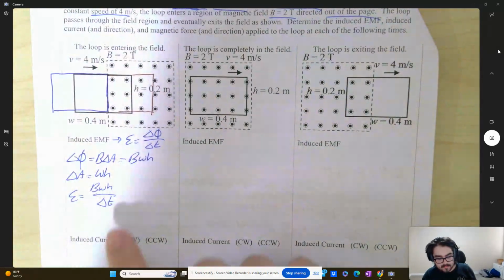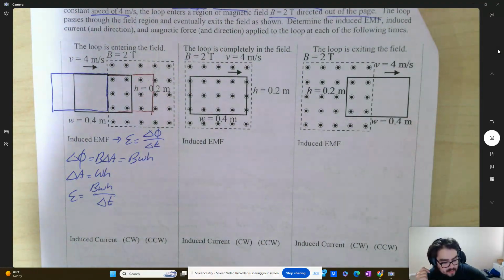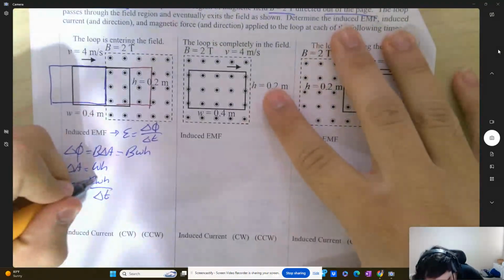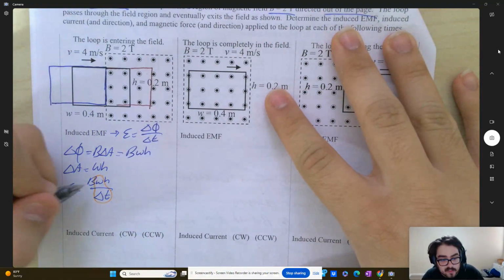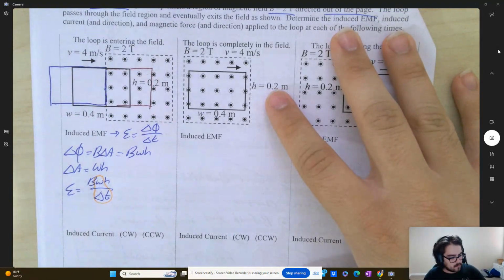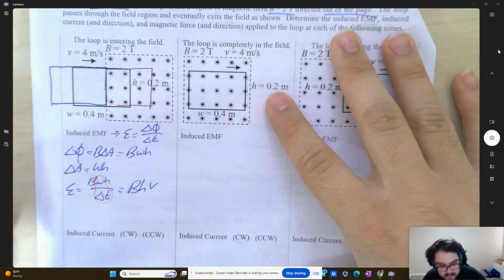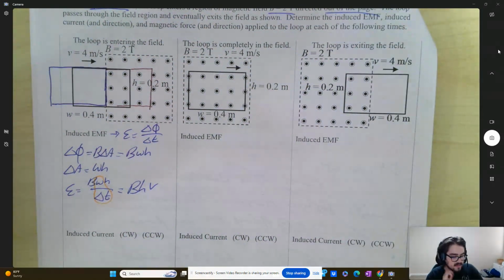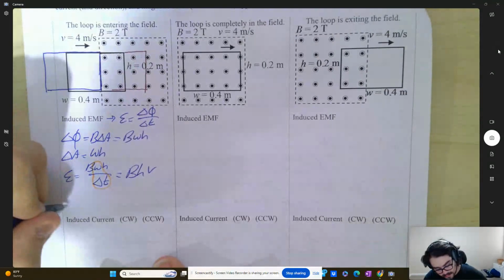What that means is that we can then intuit that width divided by delta t is just position over time, or displacement over time. Hey, wait a minute, what's that? That's velocity. So we end up getting BHV, and that is the equation that we need.